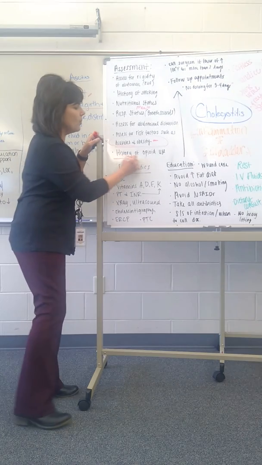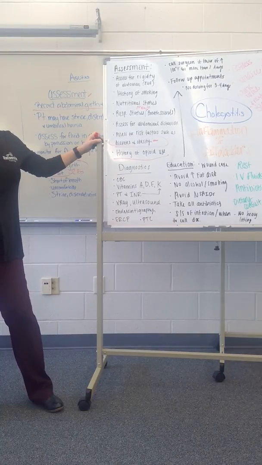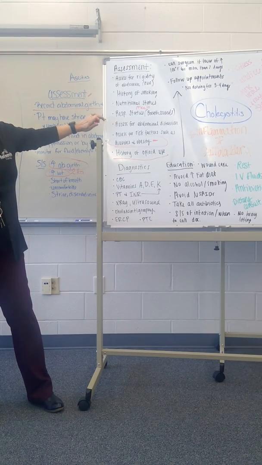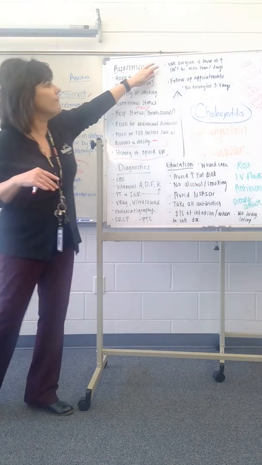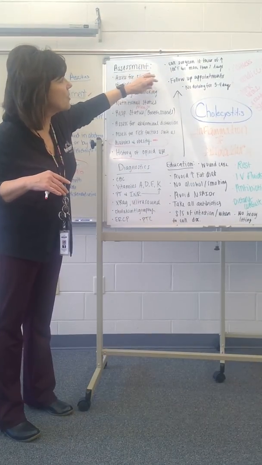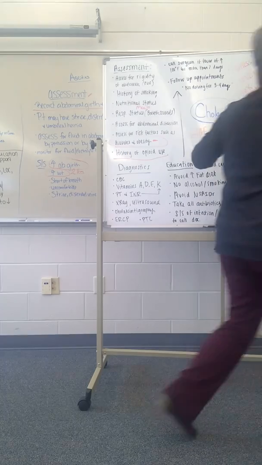And a history of opioid use. So those things all need to be assessed and found out if any of them are predisposing factors. Now, this is post-procedure, so let's go to signs and symptoms.